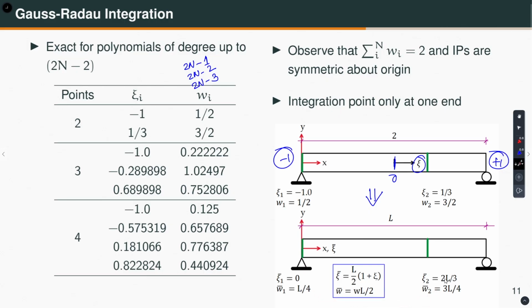You get the length of the element. So, in this case it is L, in the other case it is 2. So, this is a way of normalizing and doing it easily. Okay. In OpenSees, if you ask for the location of integration points, it will give you the location in this physical space. That means you will get one at 0 and one at 2L by 3 for the Gauss-Radau integration technique.